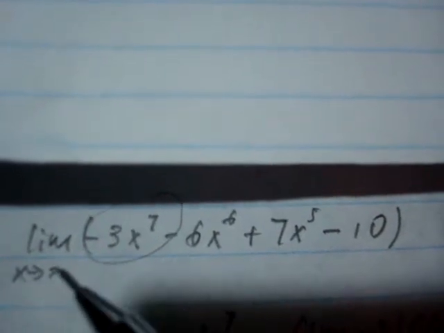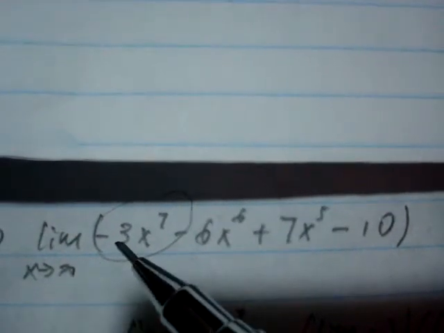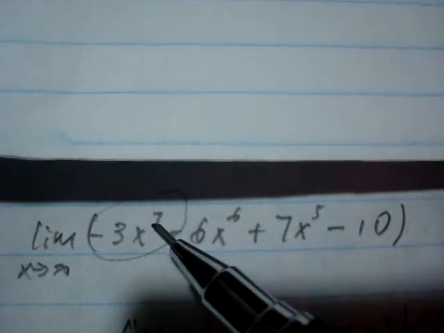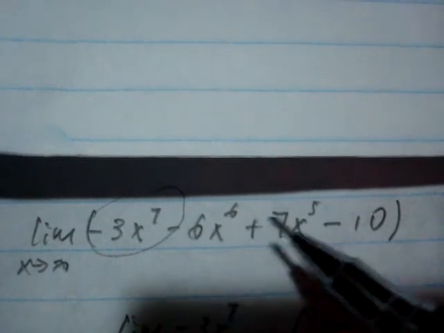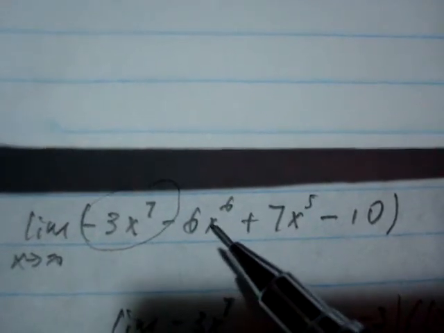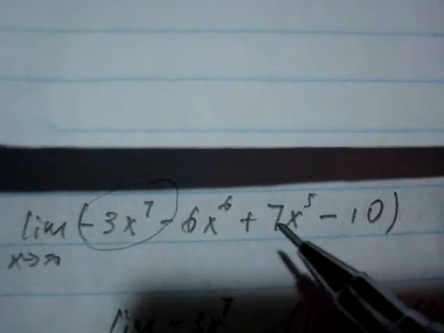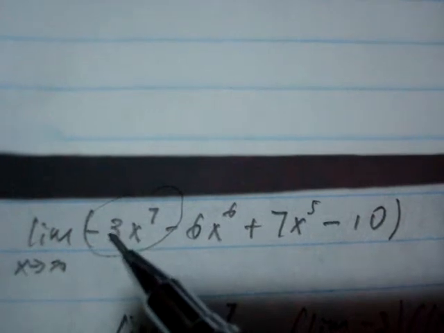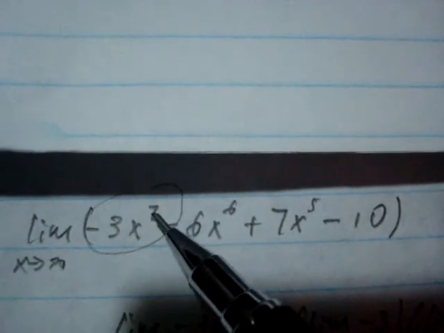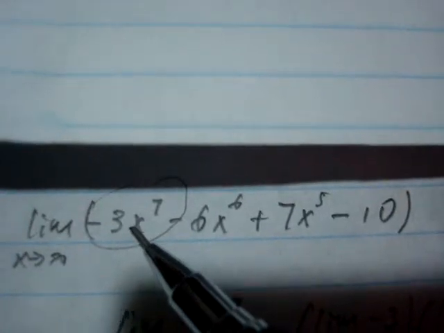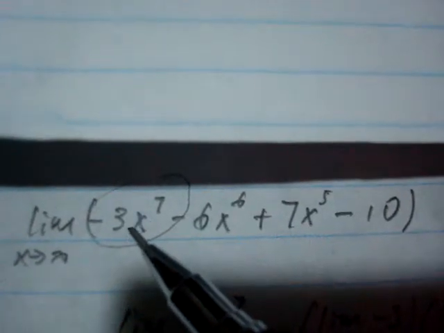So you take the limit as it approaches infinity for -3 times x raised to the 7th power. The rest you can ignore, because it is not the highest degree for this polynomial limit. This -3x to the 7th is also called the leading term, because it is the highest degree term for this polynomial.